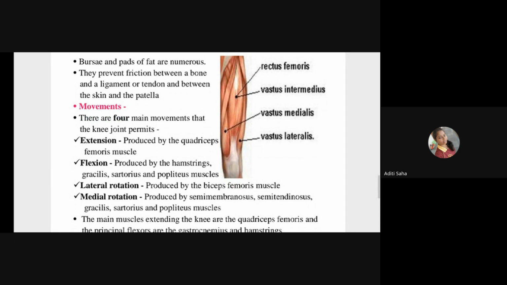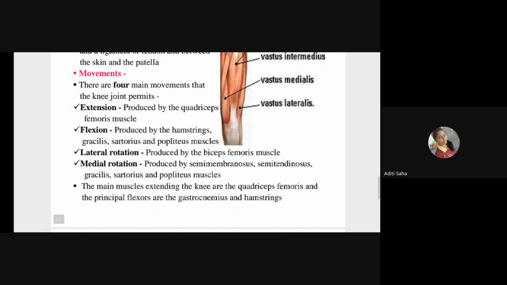Now, the main muscles extending the knee are quadriceps femoris, and the principal flexors are gastrocnemius and hamstrings. So gastrocnemius muscles are present in our lower leg, the calf muscles.